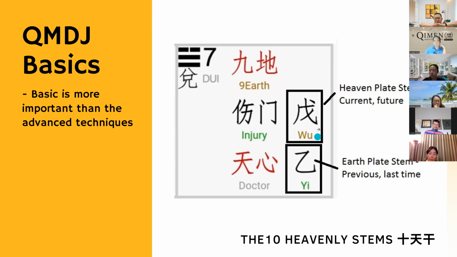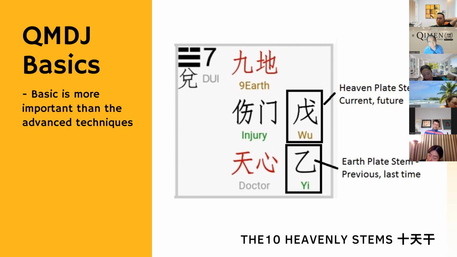Technically they are called heavenly stems and earthly stems, but to make things easy, I call them the top stem and the bottom stem. So what does the top mean? The top means the current and the future. The bottom means whatever happened last time, past tense. It has happened already. So anything we want to refer to in past tense, we look below. We want to look at the current and the future, we look at the top. That's all. Okay, so top stem, bottom stem.